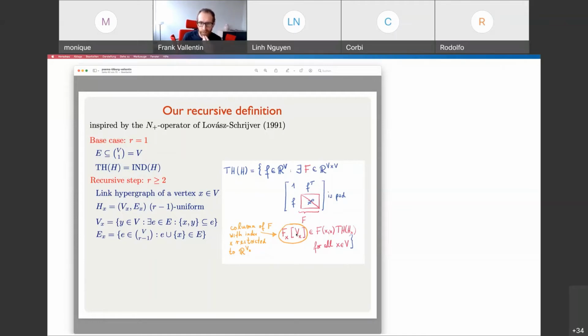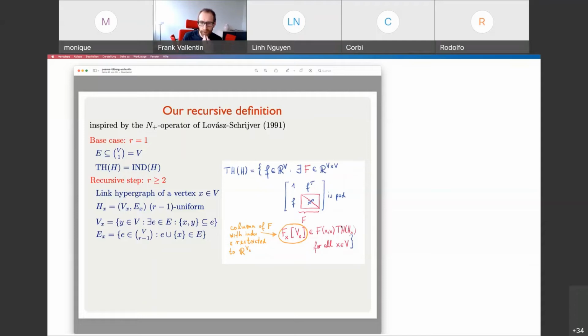We take the column of F which is indexed by x, and we restrict this column to the vertex set V_x. This is an element in R^{V_x}. And this vector should be contained in the theta body of the link hypergraph H_x, which is (r-1)-uniform, and we multiply this theta body with the diagonal constant F_xx.